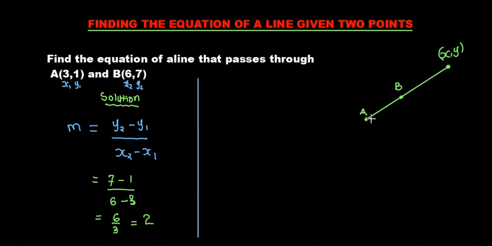Now, since this is a straight line, if you use A and B to find the gradient, you will get the same answer if you use A and any point that is along that line. So if you also use B and any point, you will get the same gradient that you have obtained here. Now again, I want us to work out the gradient using this general point and one of the 2 points that are given.